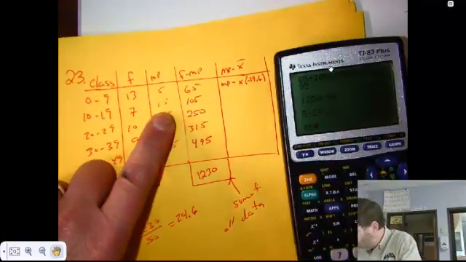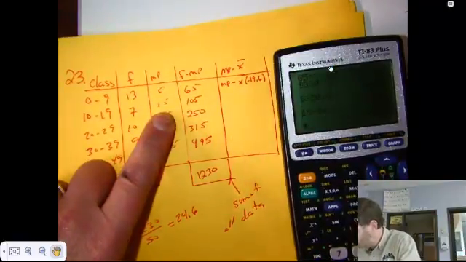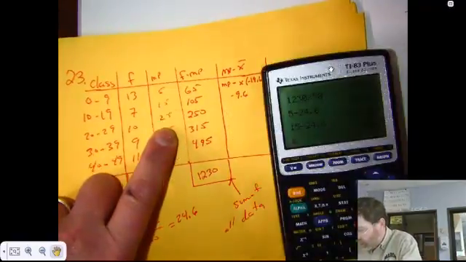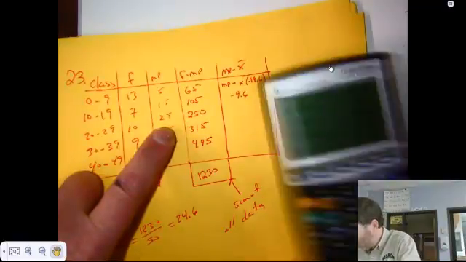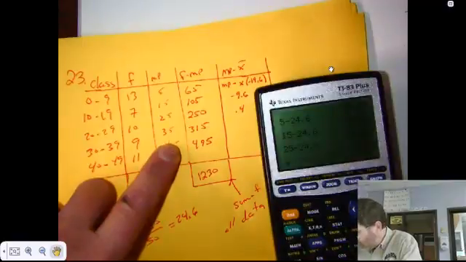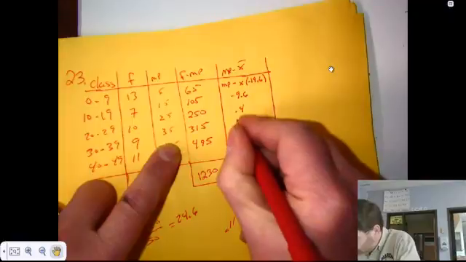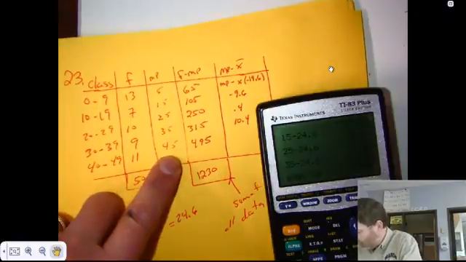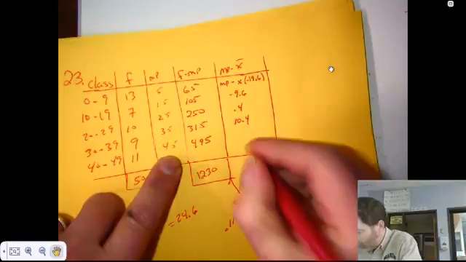This one would be 15 minus 24.6, negative 9.6. This would be 25 minus 24.6, that's 0.4. This is 35 minus 24.6, and that's 10.4. And this one is 45 minus 24.6, and that would be 20.4.